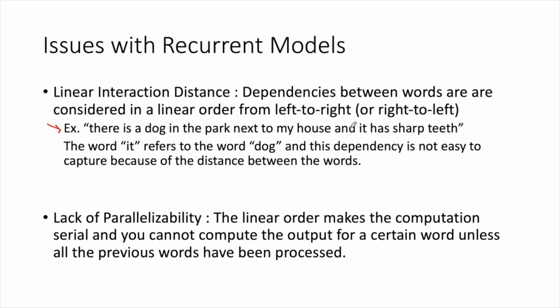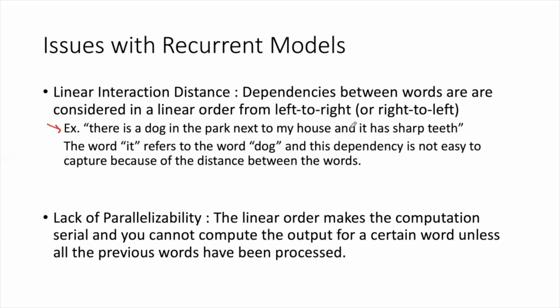The next issue is lack of parallelizability. Since there is a linear order where we go one word at a time, we cannot compute the output of some nth word before calculating the output for the n-1 words. So we have to follow a linear order.